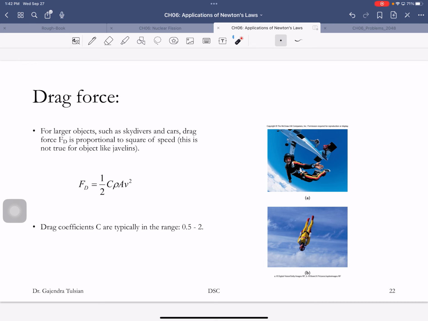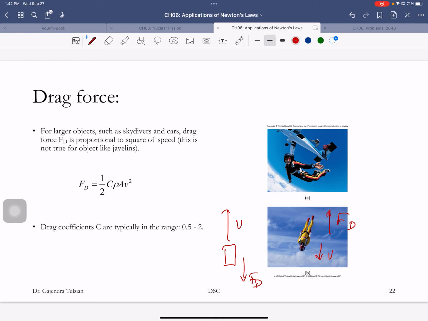All right, so let's look at the terms. There's the drag force. So if this guy is falling in this direction, velocity is in this direction, the drag force is in the opposite direction. If you shot him up with a cannon and he's moving in that direction, the drag force will be in the opposite direction. So when you throw a tennis ball up, the drag force is downward, and when it's falling down, the drag force is upward.